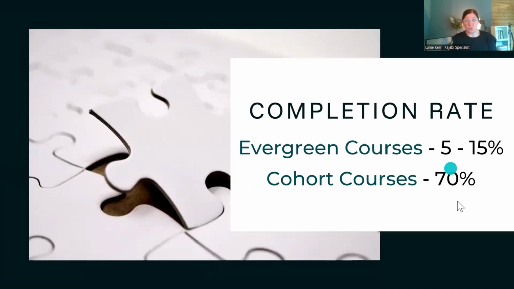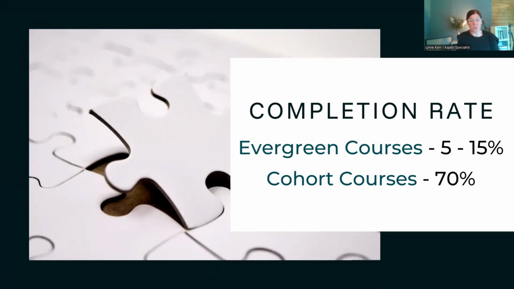Now, why should you be looking at doing a cohort course as opposed to perhaps an evergreen course, which is much more passive? People will go through the courses in their own time, and generally they'll be pre-recorded. Well, just take a look at the completion rates. According to Kajabi, cohort courses have a 70% completion rate.